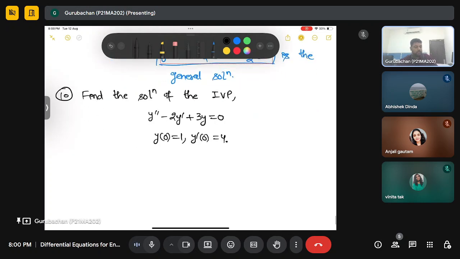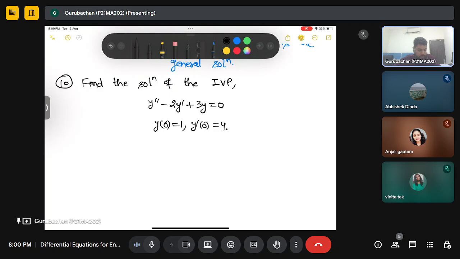In the same way, you have to follow the e to the power lambda x solution. Then you have to find out the general solution, and with the values of these initial values, you need to conclude what your particular solution is. Since we have been given the initial values, the arbitrary constants will be removed, so it becomes a particular solution. Try this.